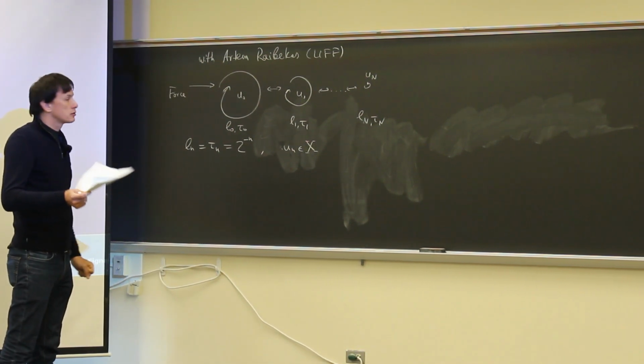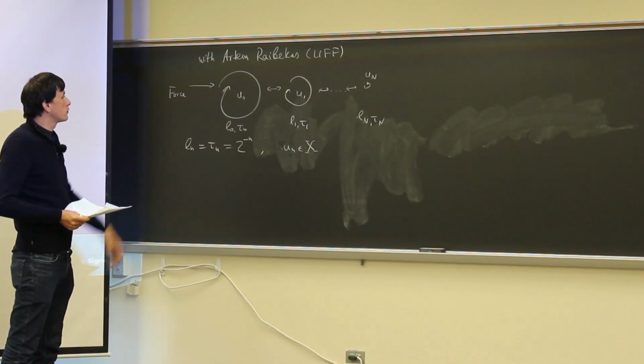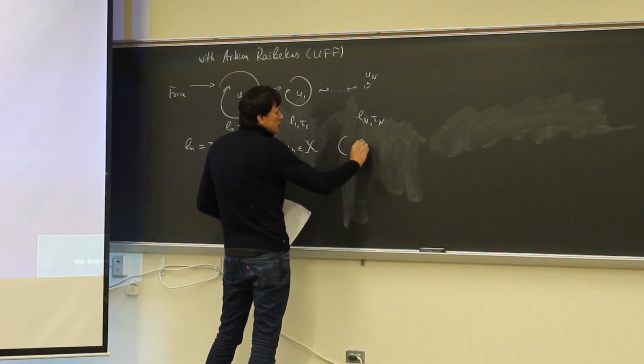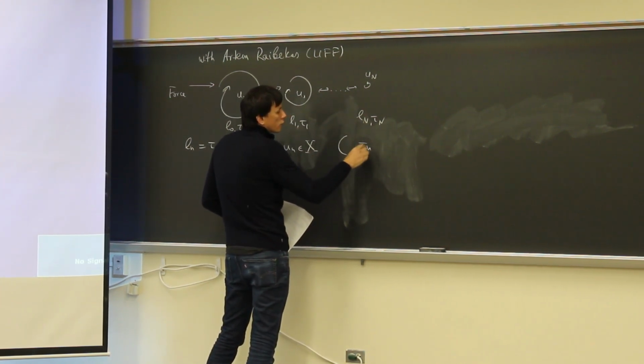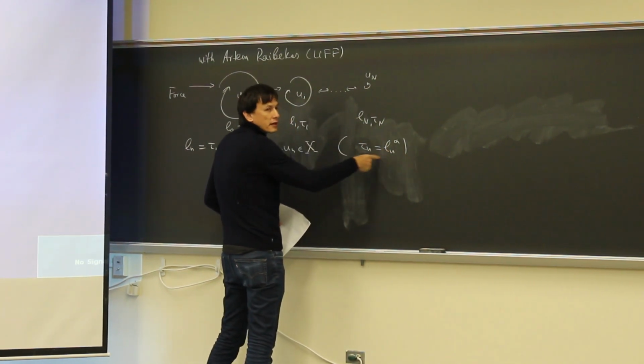As we discussed today during lunch, there is some restriction of this view on turbulence, because in general, in turbulence, the time scale is a certain power of the space scale.